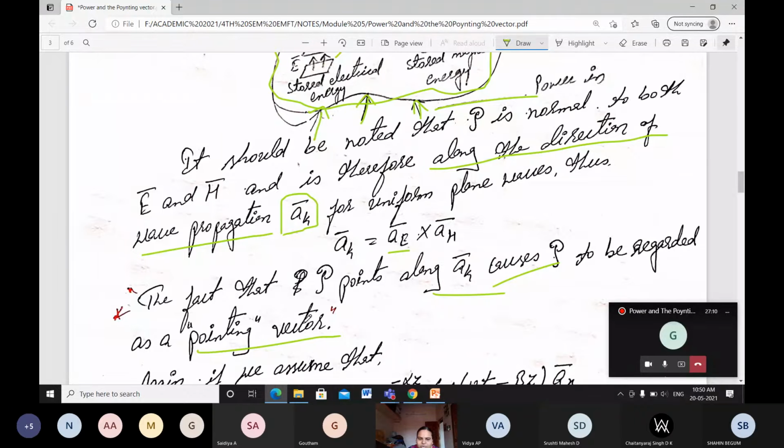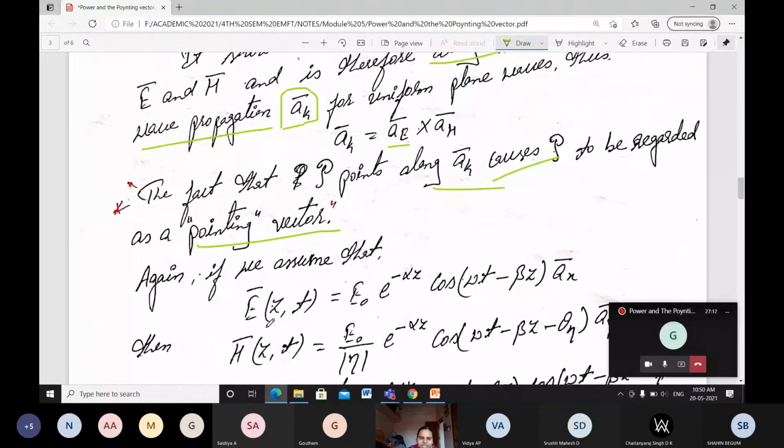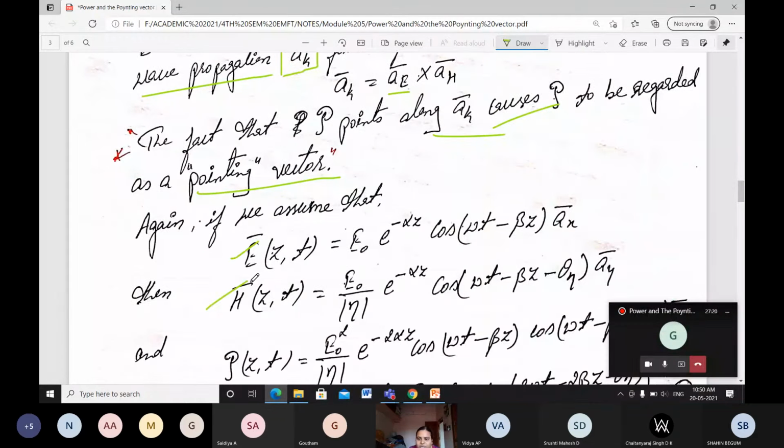Again, assuming the equations we learnt previously for the electric field intensity and the magnetic field intensity, E is E naught e raised to minus alpha z cos(omega t minus beta z) in the x direction, that is unit vector a_x. Then H is E naught divided by eta, e raised to minus alpha z cos(omega t minus beta z minus theta eta), in the direction a_y.